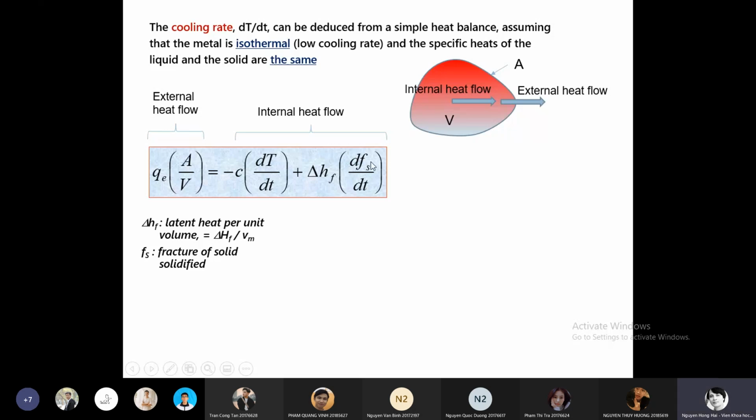And dfs, this one, is the fraction of solid. So it comes from the latent heat, and it is because of the cooling. We have the internal heat flow and external heat flow, and because this is a heat balance, they are equal.